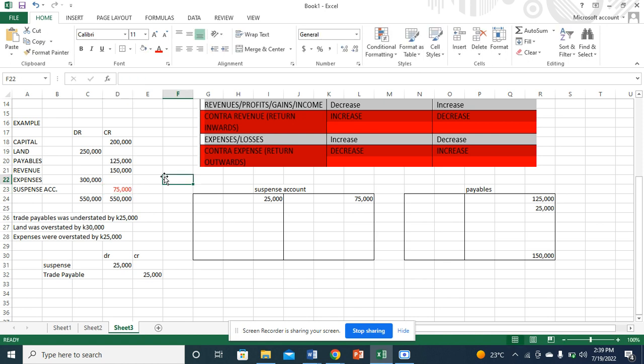So the next one is telling us that land was overstated by 30,000. So I was saying, what type of account is land? This one here, what type of account is this?